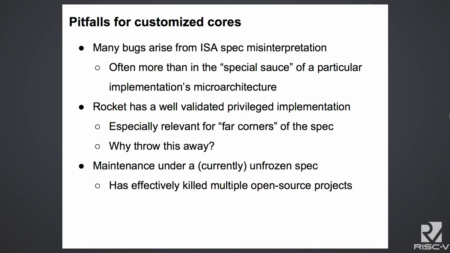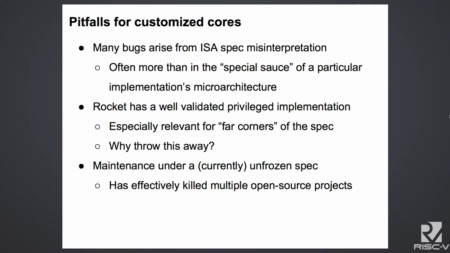But there are some big pitfalls to this, which is, I think, one of the most telling things that I've ever seen about this is in the literature about RISC-V formal, the most commonly encountered bug, I think, was failing to zero the LSB of JALR targets. And these are the far corners.